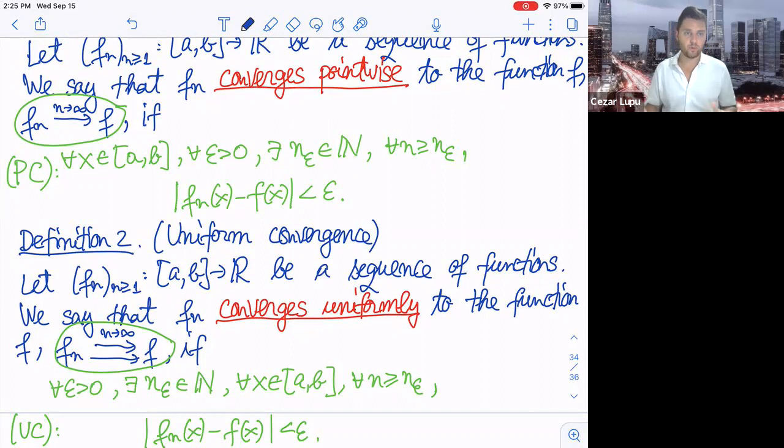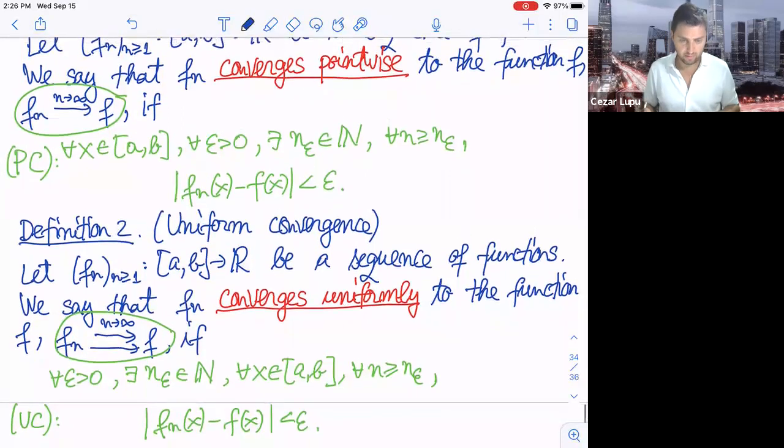As you can see, if you look closely at the two definitions, the pointwise convergence says, for all x and all epsilon. So basically, if we look carefully, you will see that in the pointwise convergence, the rank depends also on epsilon and on the specific value of x. So actually, let's write this down so that we can make things clear.